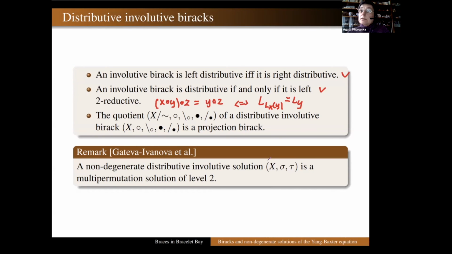And the quotient of the distributive involutive Birack is a projection Birack. Gateva-Ivanova showed that each non-degenerate distributive involutive solution is always a multi-permutation solution of level 2.